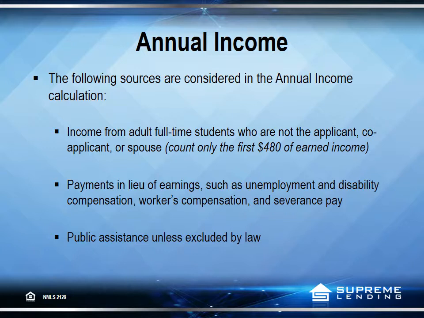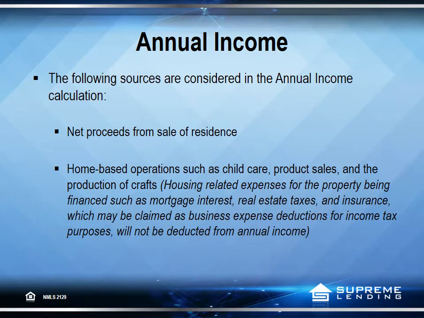Payments in lieu of earnings such as unemployment and disability compensation, workers' compensation and severance pay, public assistance unless excluded by law, net proceeds from the sale of a residence, home-based operations such as child care, product sales, and the production of crafts.